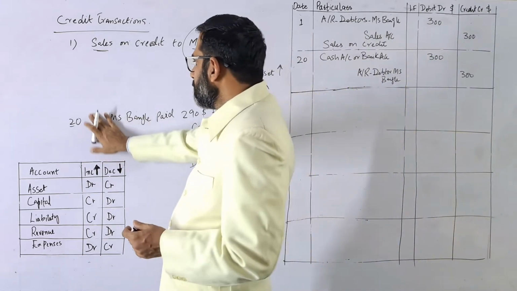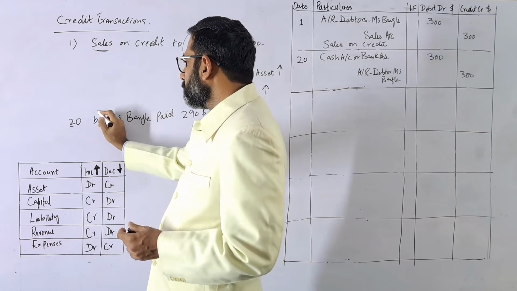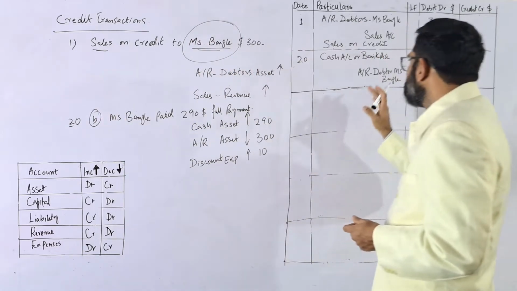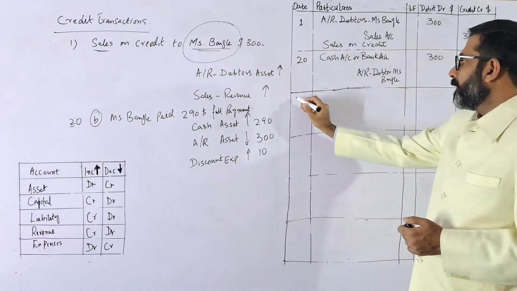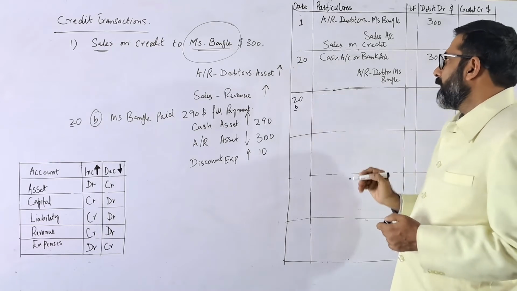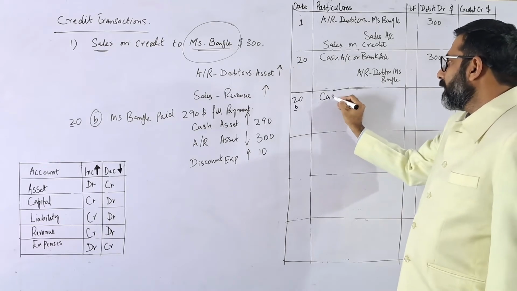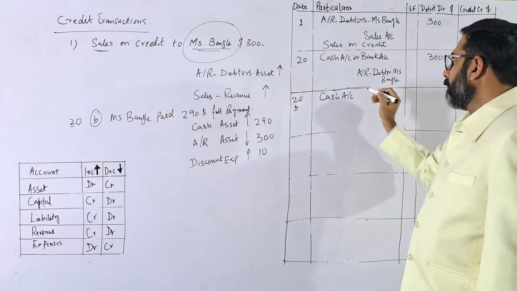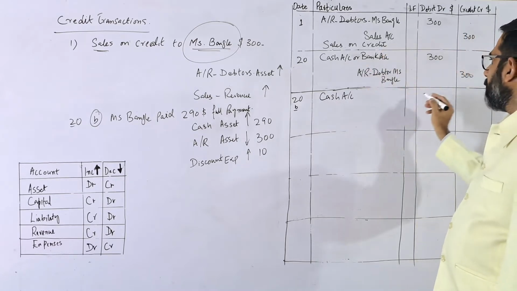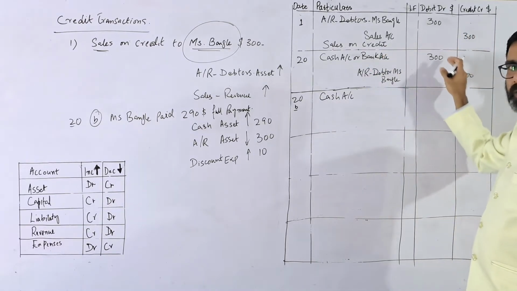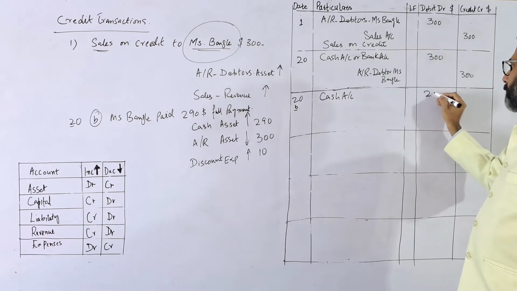So we can say this is the second option on the same 20th, instead of the first one. On the 20th, the second option we can write like this: same, we are receiving in the cash account, or maybe in the bank account, but we are not receiving 300, we are receiving only $290.